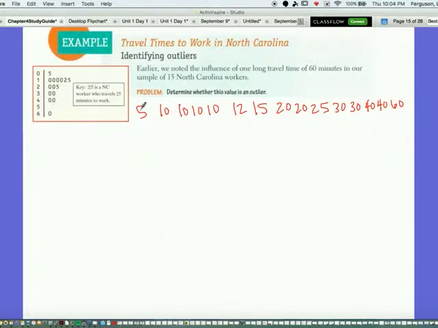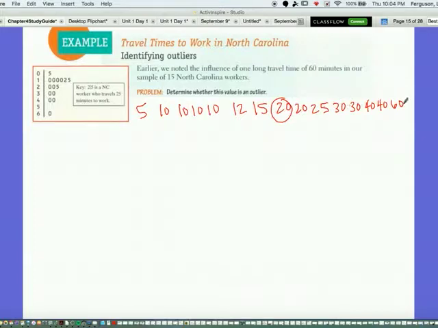The first thing we need to do is find our median. We had 15 observations, an odd number, so we should be able to find the 8th one, and that one should be our median. So 1, 2, 3, 4, 5, 6, 7, 8. 20 is our median.